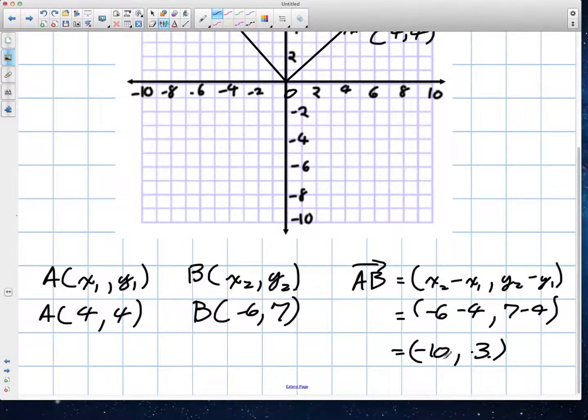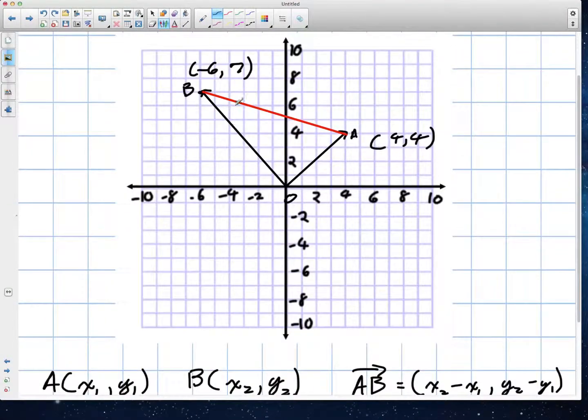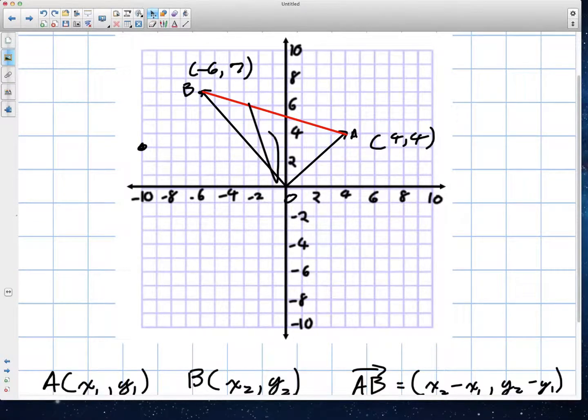That's better. Okay. So what that's saying is if I were to move this vector AB back to the origin, so it has a point at the origin, and maybe at that point call it OP, our vector would actually be at -10 and 3. So let's see if this actually works.